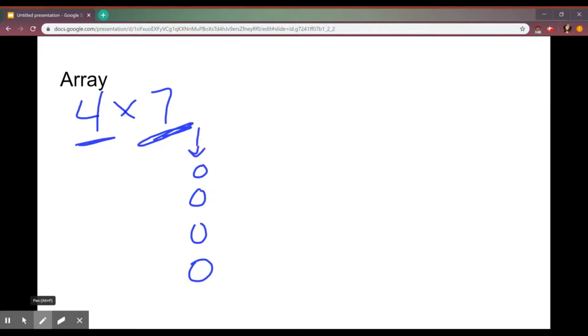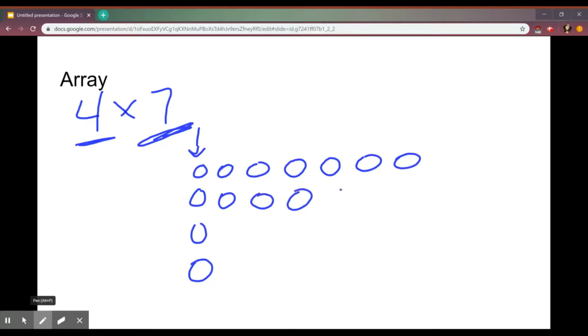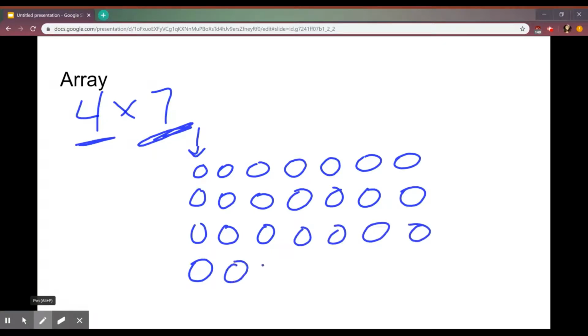And now our first one, this first row, counts as 1. So I have 1, 2, 3, 4, 5, 6, 7 in each of the 4 rows.